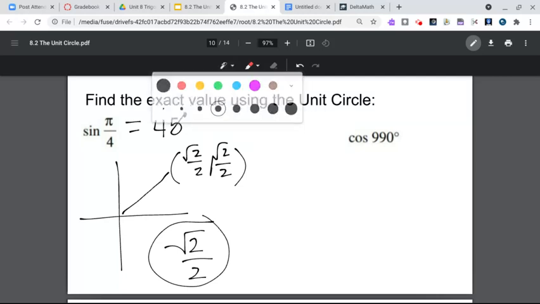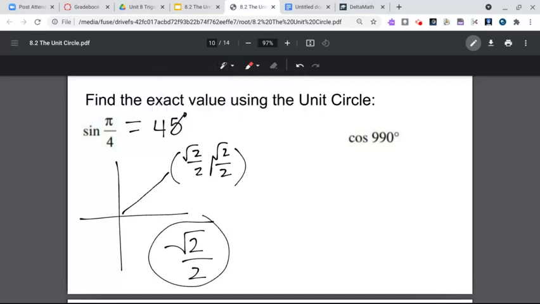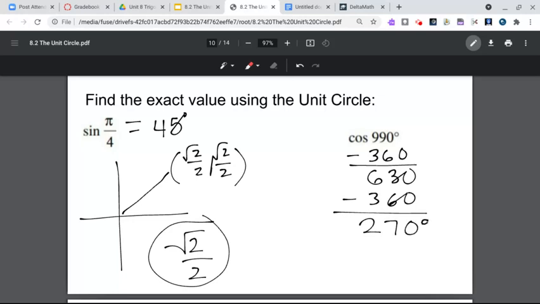So 360 times 2 is, or you know what, let's just do it like this. Subtract 360, you're at 630. That's still not on the unit circle. Subtract 360, you're at 270. 270 is on the unit circle at 270 degrees.